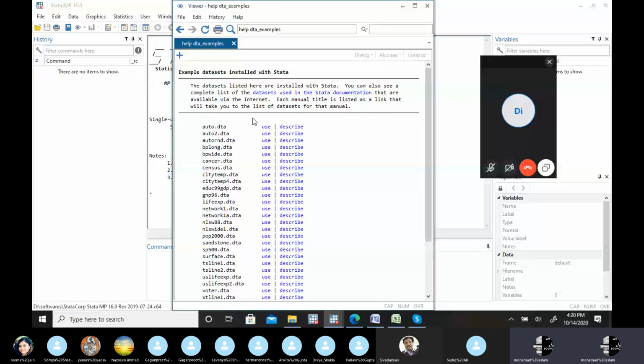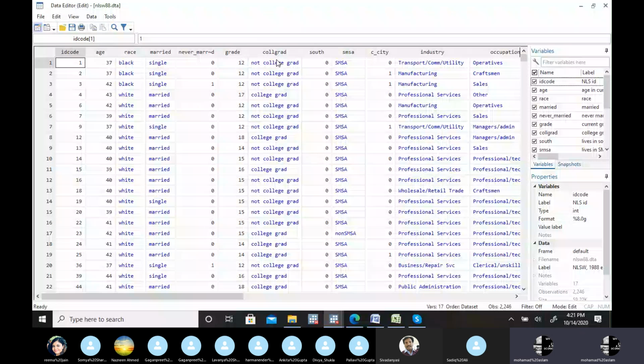We need two categorical variables. Here, there are categorical variables like race, white, black, then married or single, then college graduate or not college graduate, then industry, then occupations, and so on. So let's take any two categorical variables.